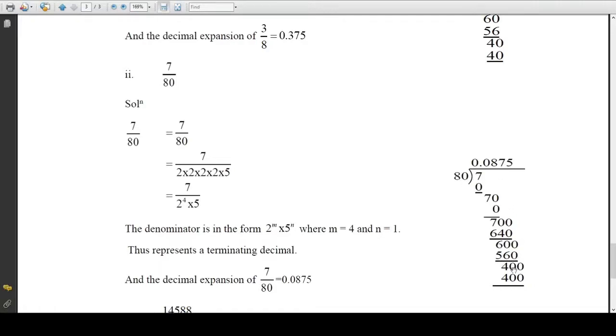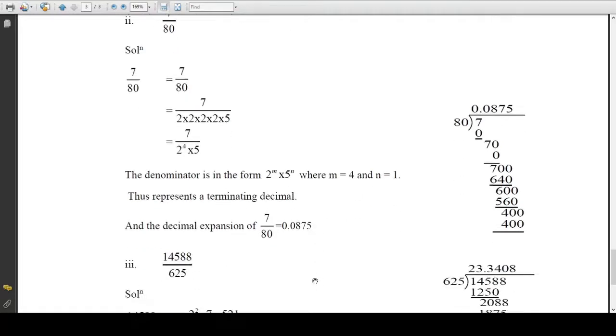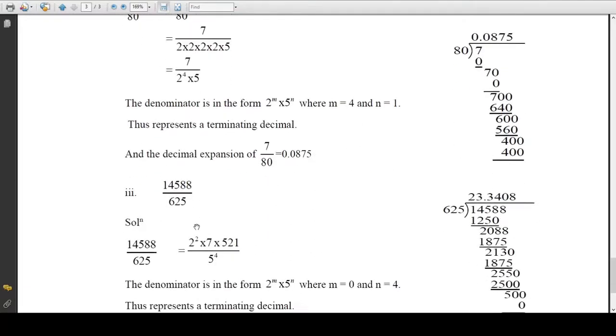Then 40 will remain and 0 will drop down, it will become 400. 80 with 5 will be 400. This means the division will end here at 0.0875. Clear?